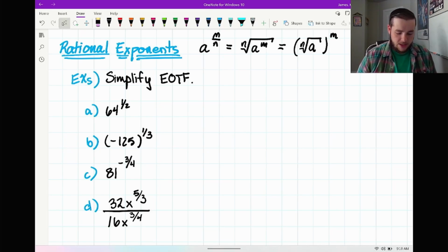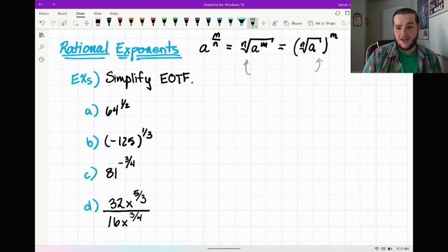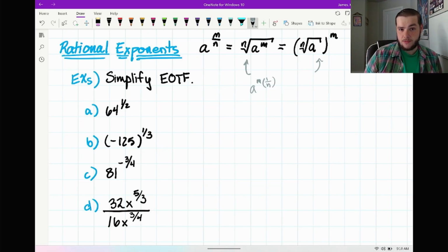Notice that these two expressions are the same because, remember, I can write this as a to the m times 1 over n, and we know from our properties of exponents that when I have powers to a power, that's the same as multiplying those powers together.